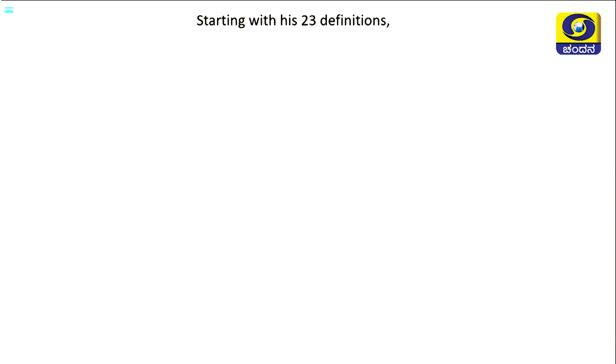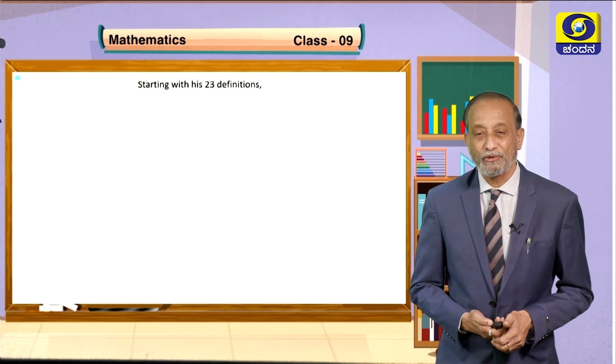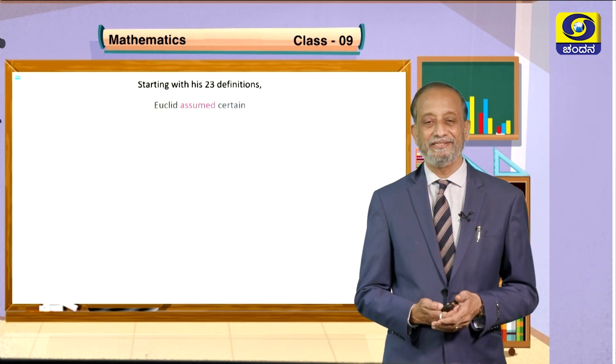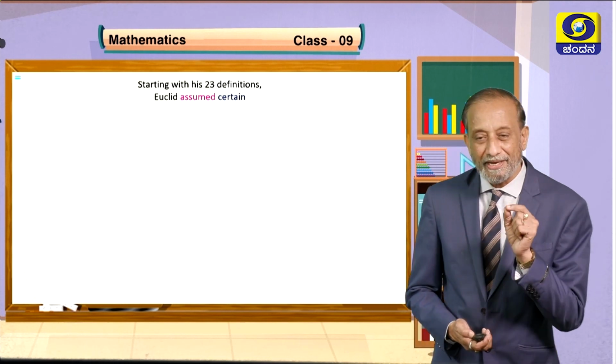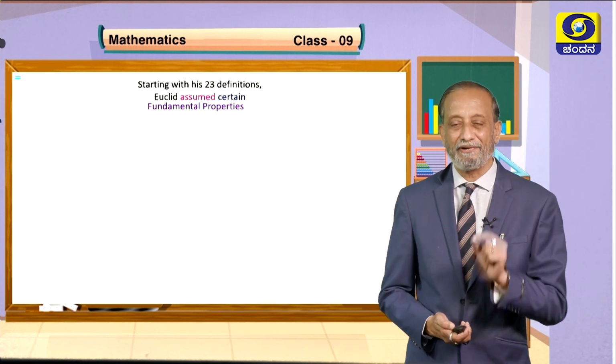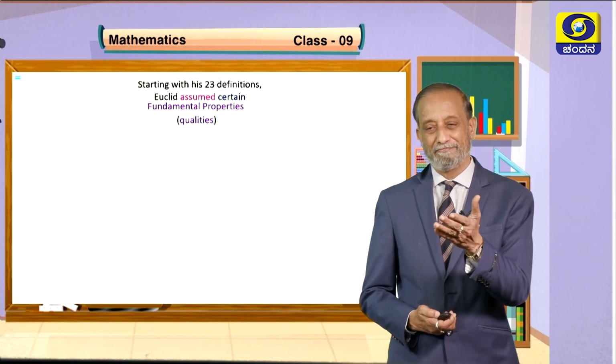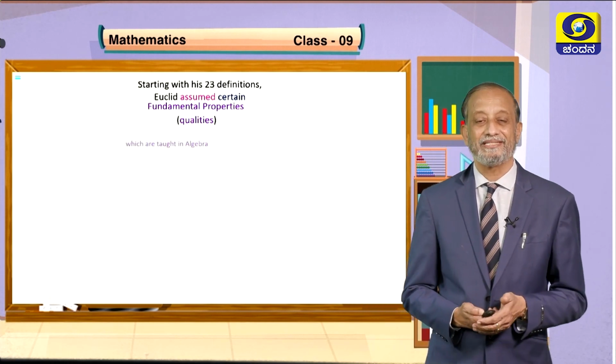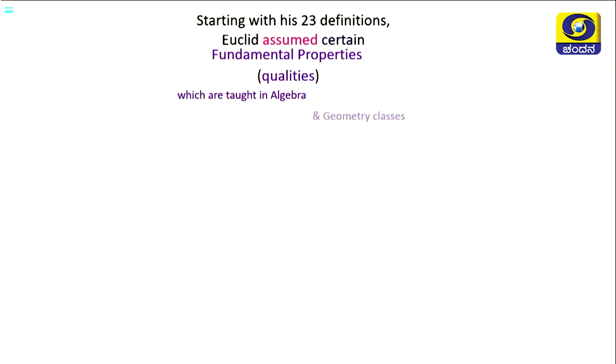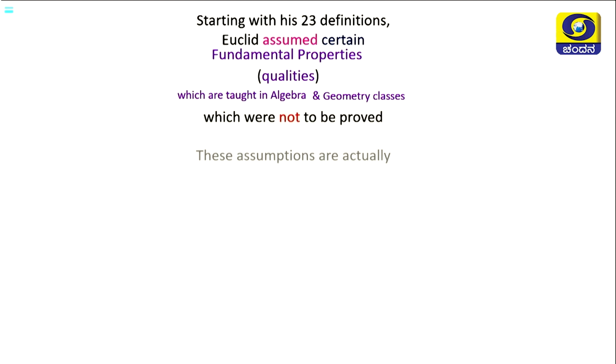Okay? Starting with these 23 definitions, Euclid assumed certain fundamental properties. Properties are nothing but qualities, which are taught in algebra and geometry classes from quite a long time, which are not to be proved.